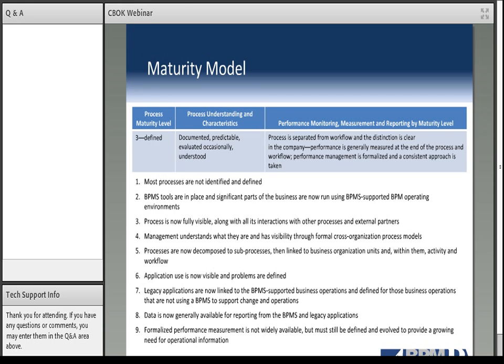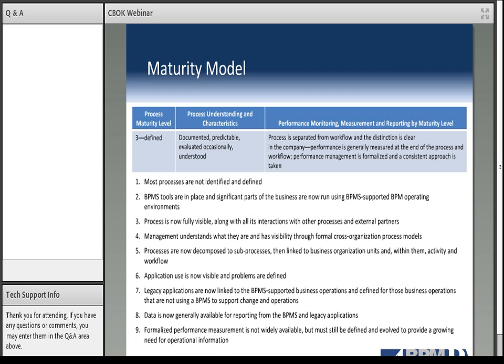BPM is obviously a stronger capability to get the appropriate process and 360 view and metrics in place. But naturally, there are other ways that may be incrementally more cost effective just to get the ball rolling, with a little smaller investment, but the key is getting it rolling in the right direction.